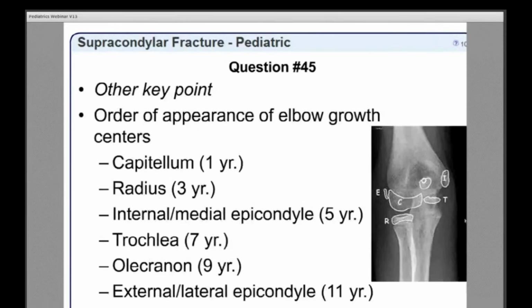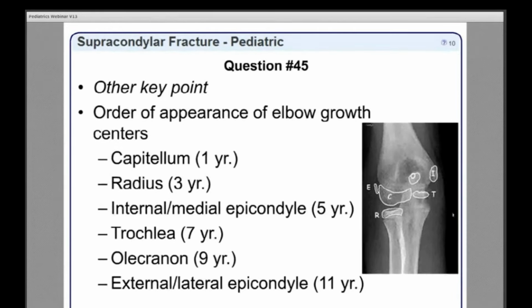What most remember is the order of appearance of the elbow growth centers. Capitellum, followed by radius, followed by medial epicondyle, then trochlea, then olecranon, and then the lateral epicondyle, with about 2 years of range between males and females.